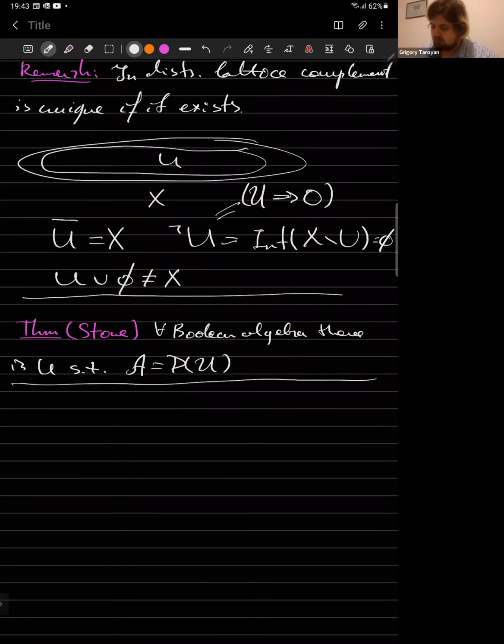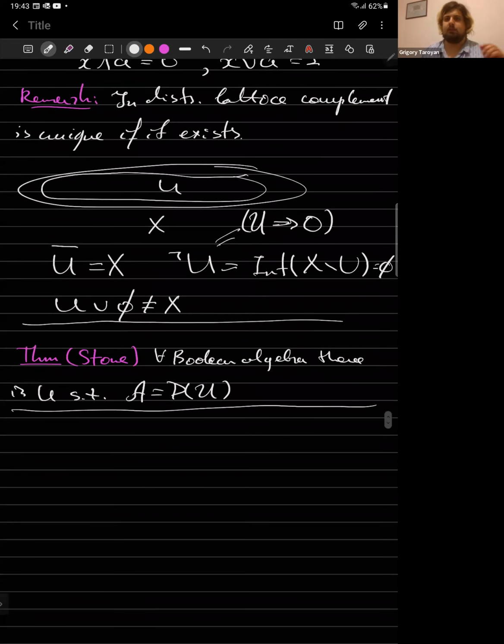We can say that each Boolean algebra can be realized as an algebra of open subsets of a discrete topological space, this topological space being precisely U.